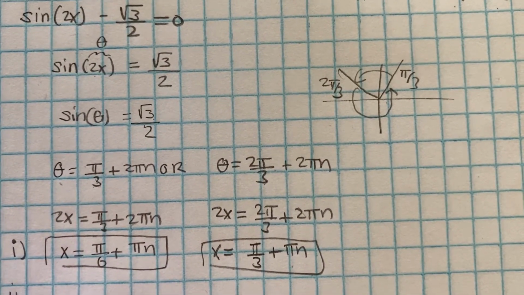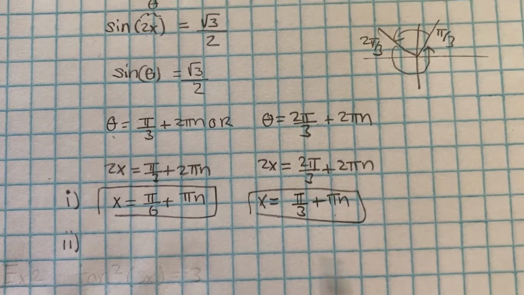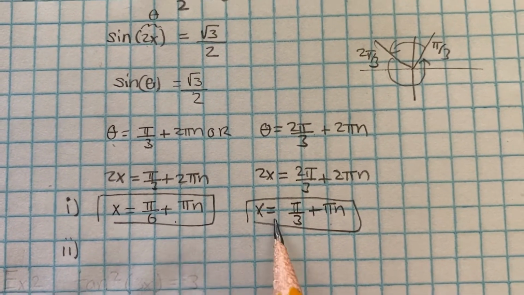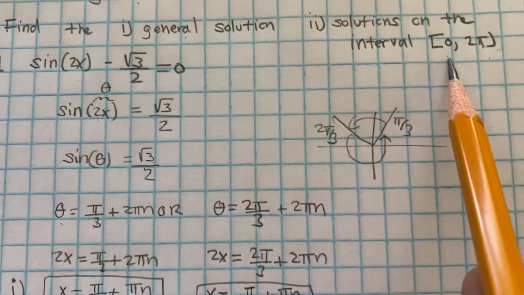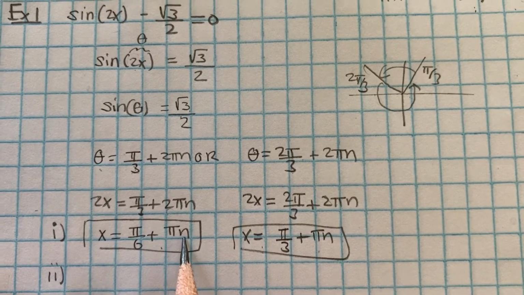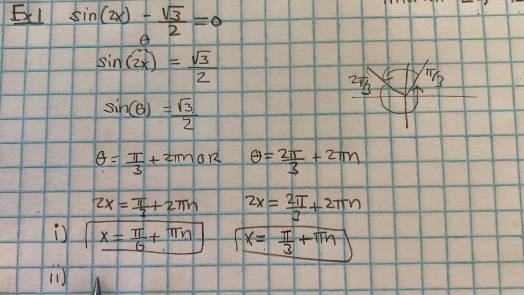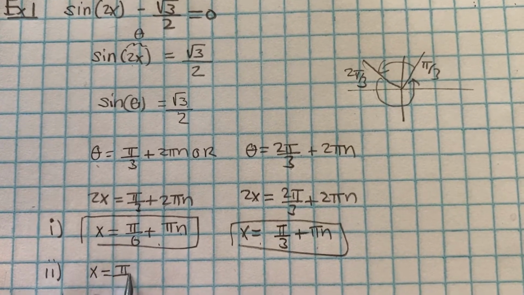And then for part 2, the way I would do this to get the specified solutions on the interval from 0 to 2 pi is just start plugging in n values. Okay, so if you plug in n as 0 over here, 0 plus pi over 6, it's just pi over 6. That still falls in the interval.